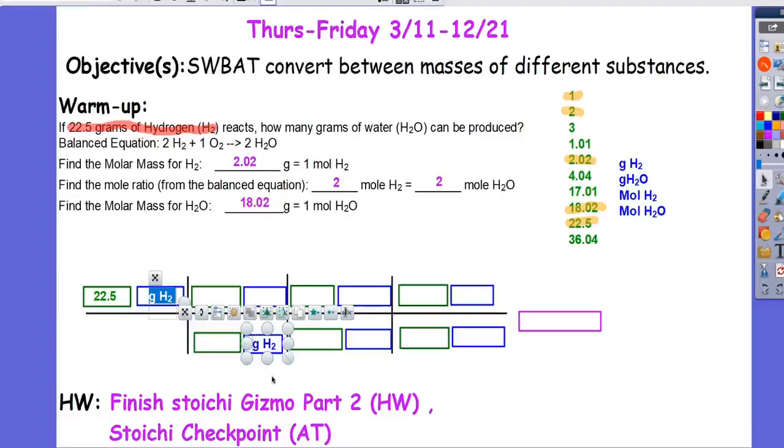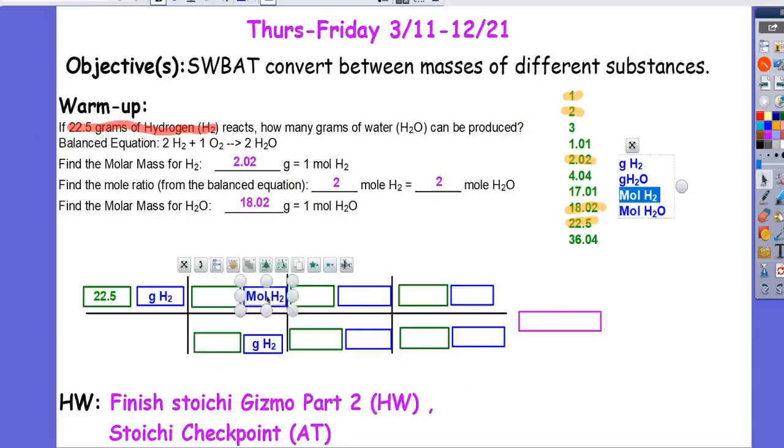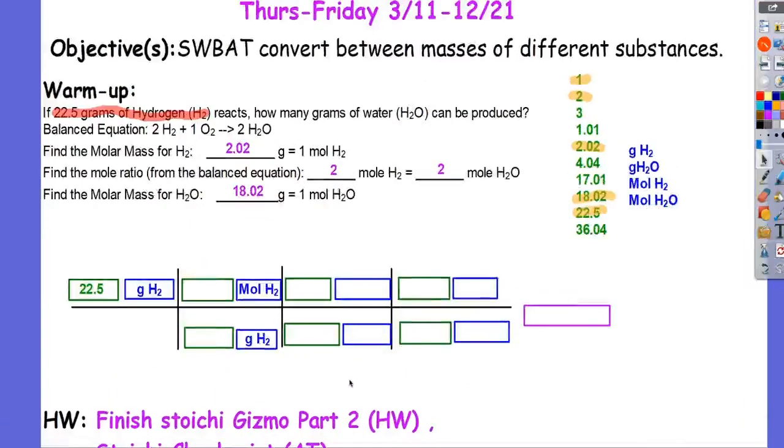Now I need to look at my equivalencies. So grams of H2 is equal to moles of H2. So for my next unit, I'm going to choose moles of H2, and I'm going to put that unit on the top. So now I just need to find my values. I have 2.02 with grams and 1 with moles.